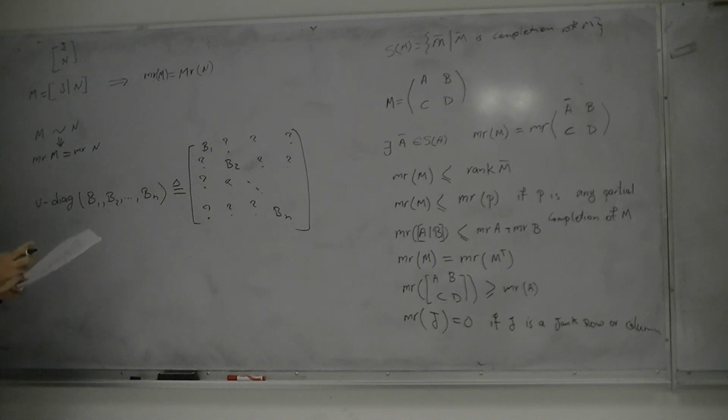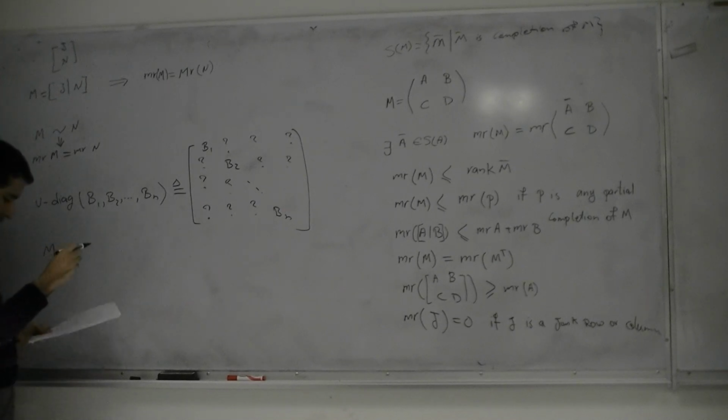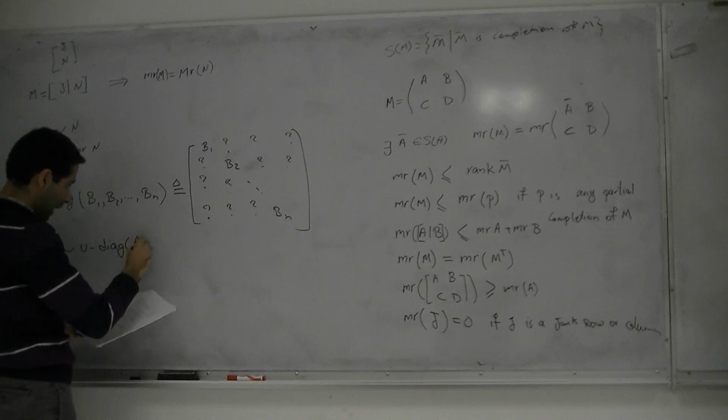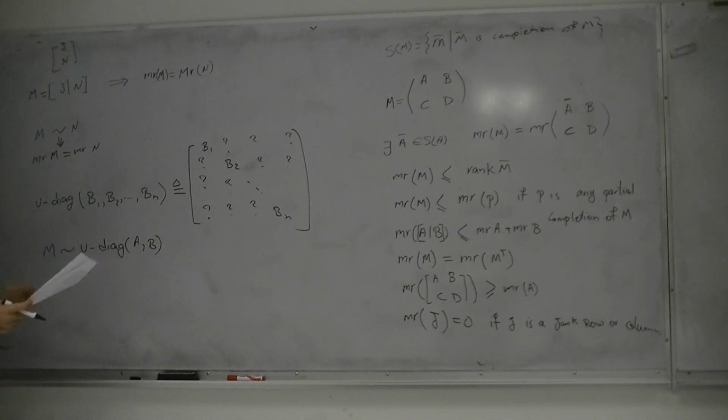The matrix M is unknown diagonalizable if M is equivalent to the unknown diagonalization of, for example, matrices A and B, where at least one of A and B has, excuse me, has at least one element that is known and non-zero.